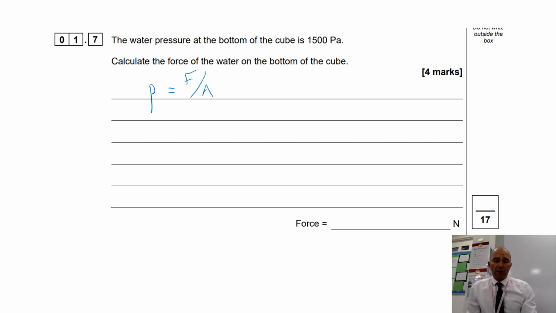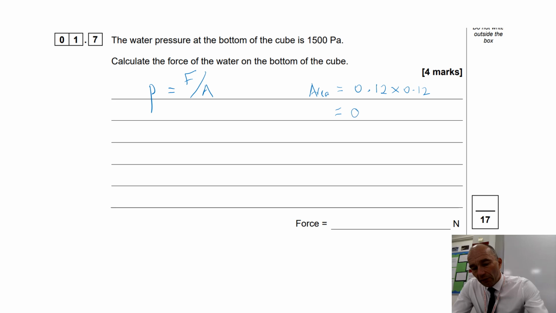This is worth 4 marks. Now that just seems unbelievably generous, but the first thing we need to do is we have to work out the surface area. So on that previous question, it said that we need to work out the area of the base. So the area of the base is 0.12 multiplied by 0.12 of a metre. Now that gives you an area of 0.0144 square metres.